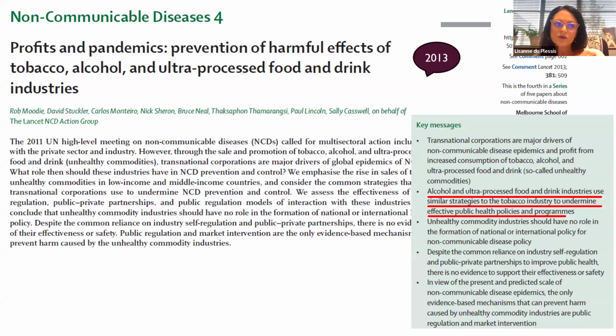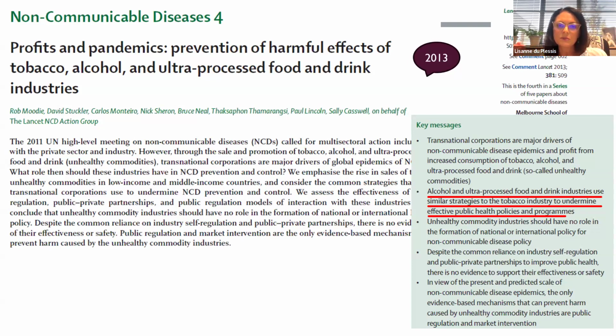And what these authors give us as key messages are that transnational corporations are major drivers of NCDs and profit from the increased consumption of tobacco and alcohol and ultra-processed foods and drinks. And although tobacco is now facing larger restrictions, you can see there the underlined bit is that alcohol and ultra-processed food and drink industries use similar strategies to the tobacco industry to undermine effective public health policies and programs.